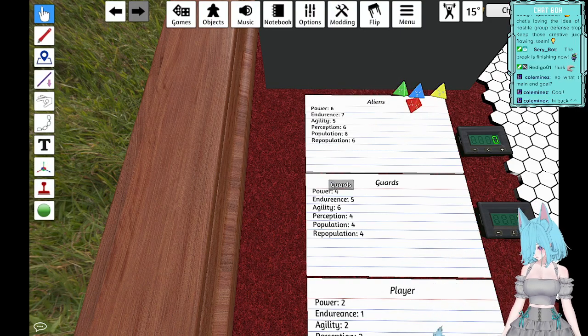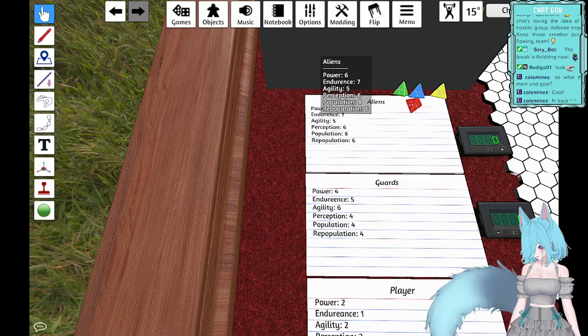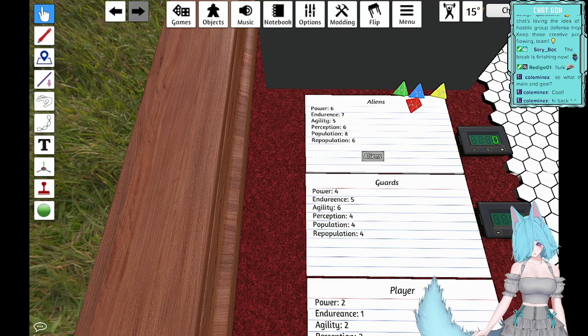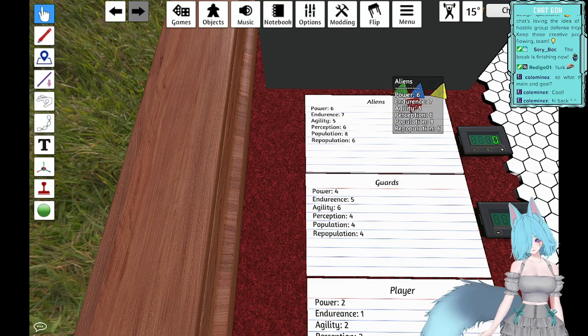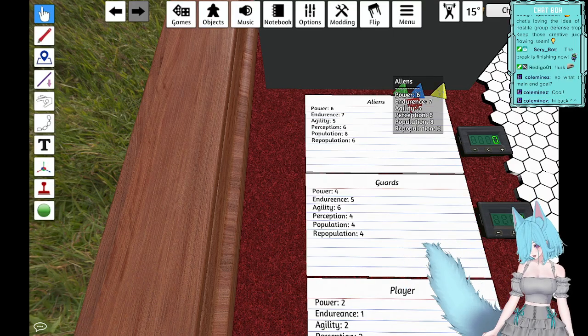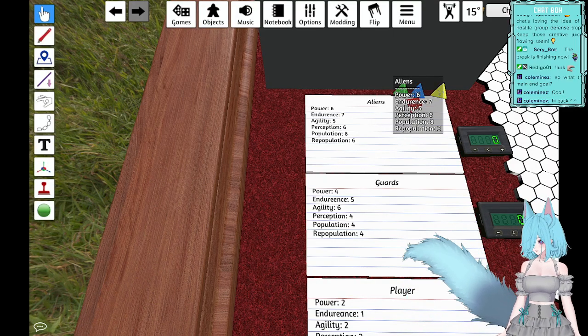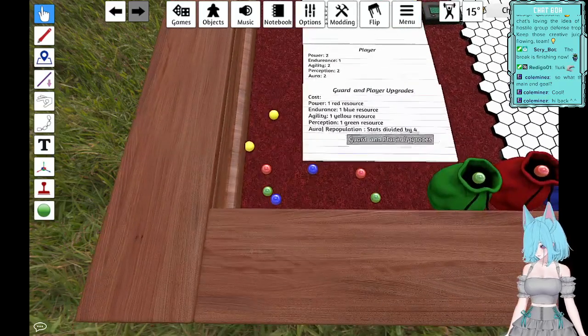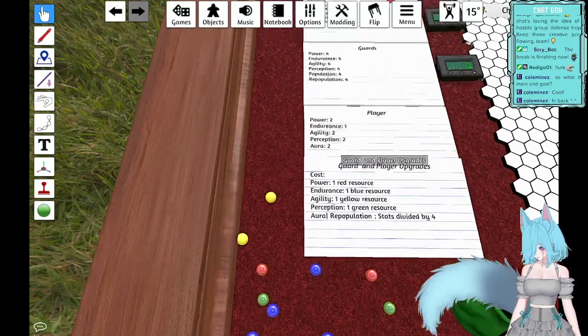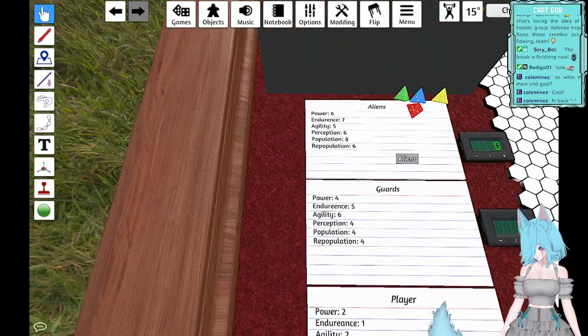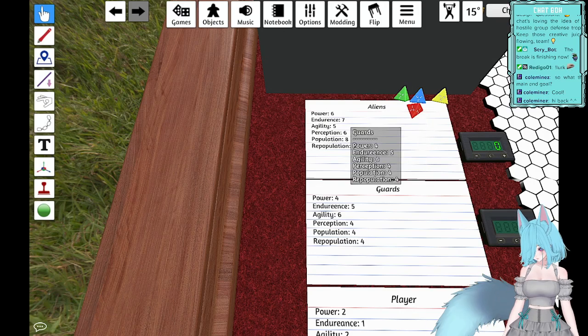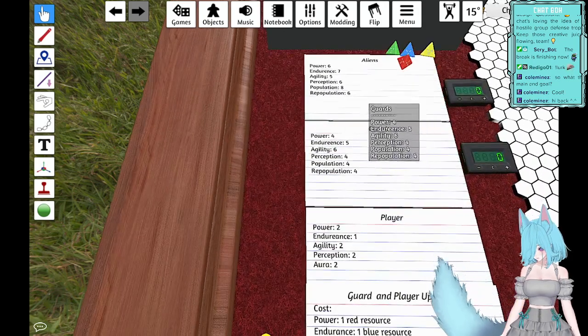Also, power goes against endurance, so 3 guards would die. We don't wanna mess with them in terms of that. However, we have a lot of blue resource. So actually, we can, and absolutely should.